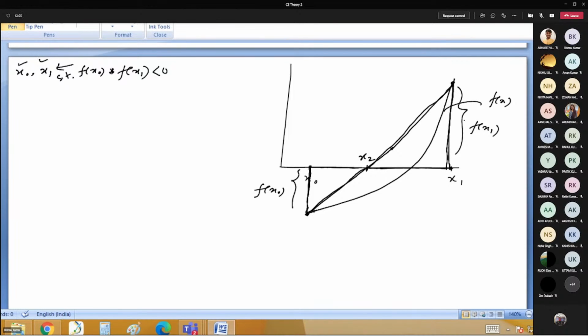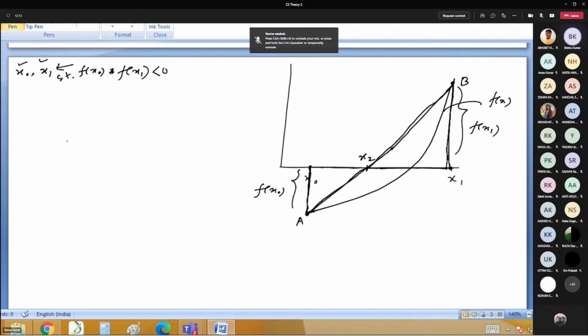Okay, so from the triangle similarity property, suppose this chord is A to B. I am trying to write two right angle triangles. Suppose triangle x0, x2, and A, and another triangle x2, x1, and B. Are these two triangles similar?